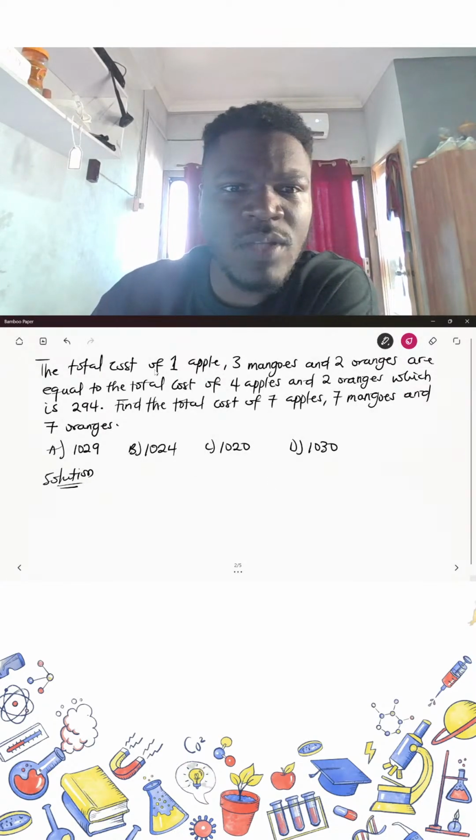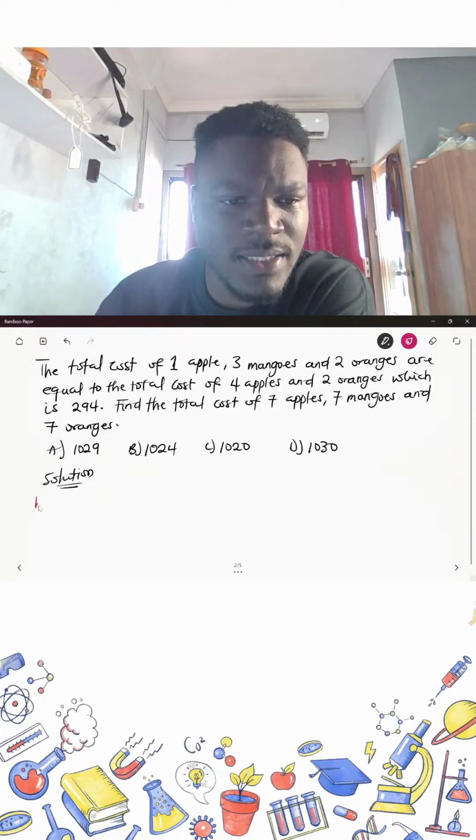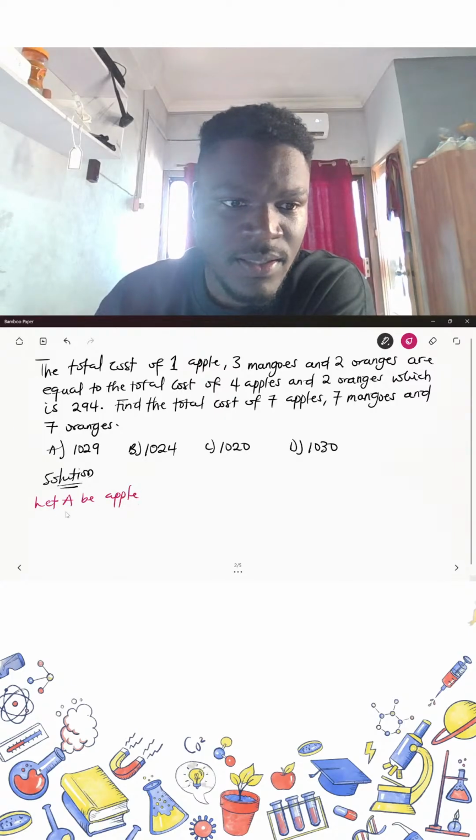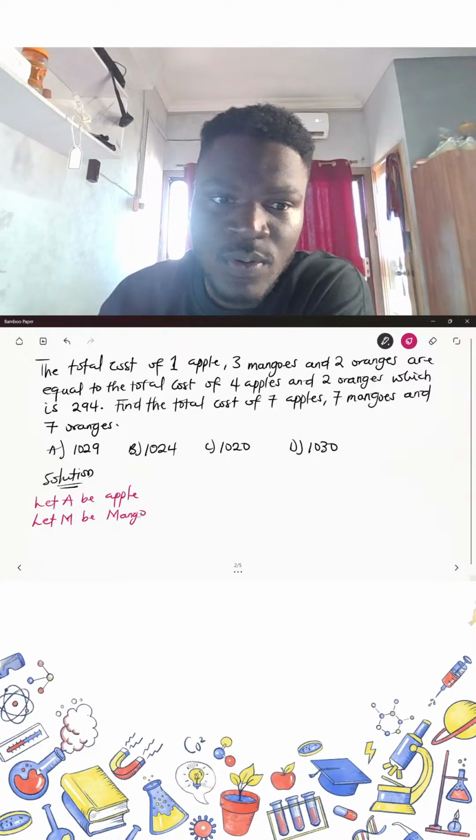All right, so I have the total cost of 1 apple. Let A be apple. We have mangoes, so let M be mango. And then let O be orange.